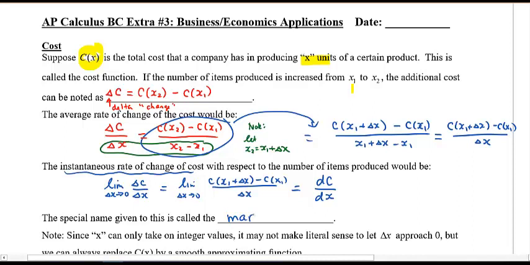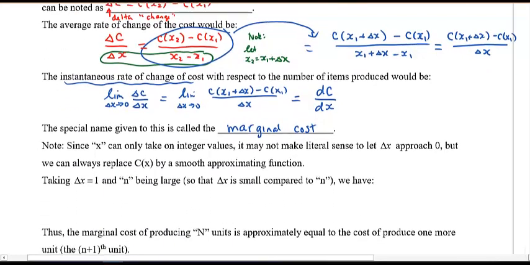Marginal. M-A-R-G-I-N-A-L. Cost. Those of you who took AP economics, you're like, oh yes, I remember that. Now, since X in the business world can only take on integer values, I don't think anyone sells half a calculator, it may not make literal sense to let delta X approach 0. But we can always replace the C of X function by a smooth approximating function.